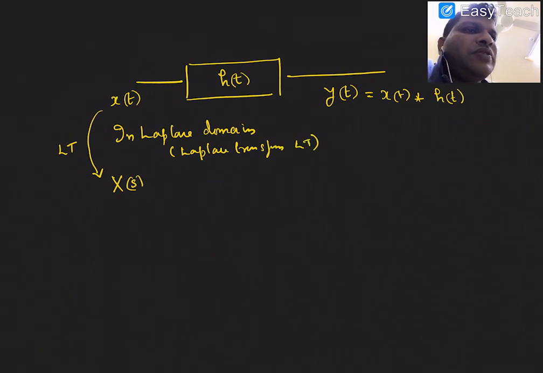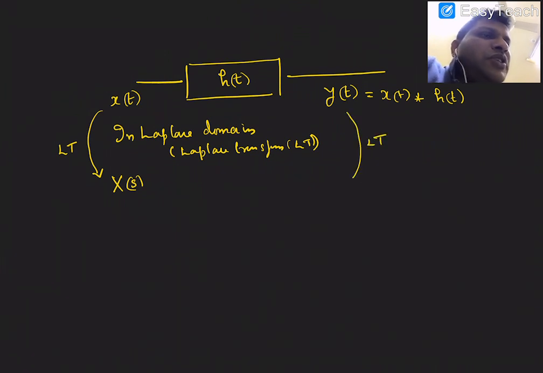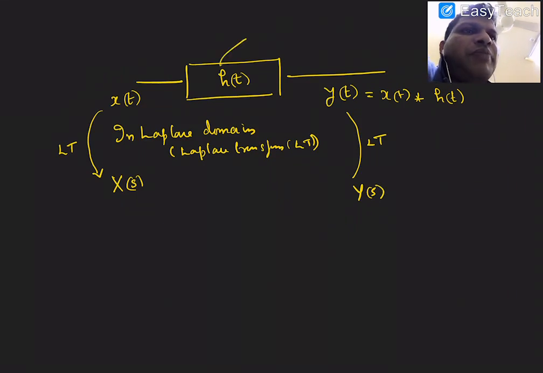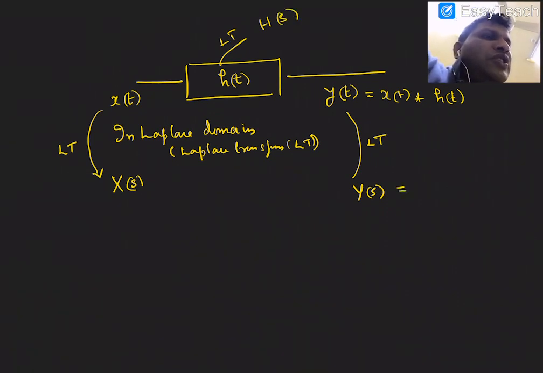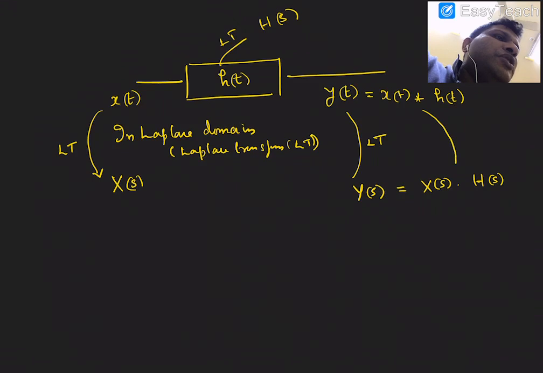If we take the Laplace transform of the output, we get y of s, and if we take the Laplace transform of h of t, which is h of s, then y of s is equal to x of s multiplied with h of s. So you can see here that this convolution is changing into multiplication.